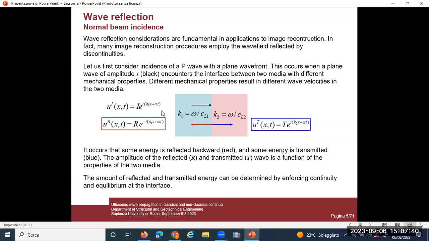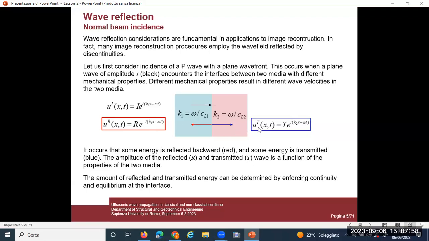this red arrow. You see that this one is a wave propagating from left to right, and this red arrow is some other wave propagating from right to left. You see that it is represented in the exponential.